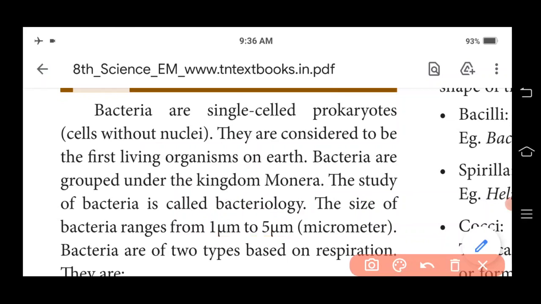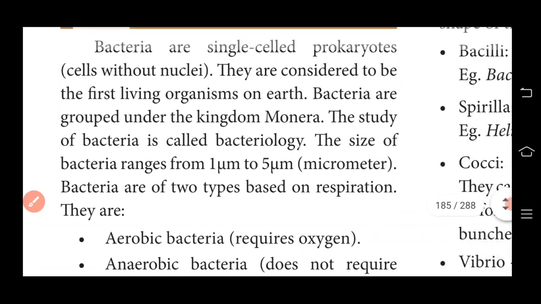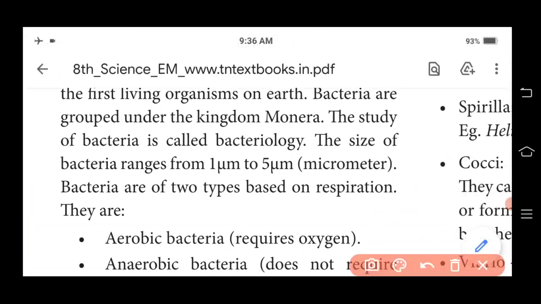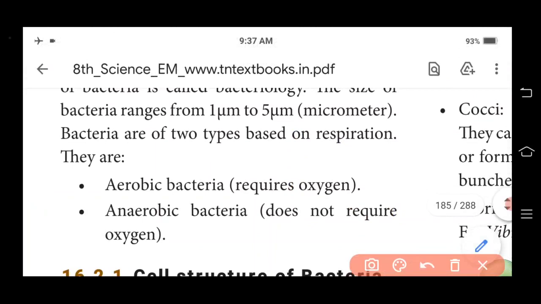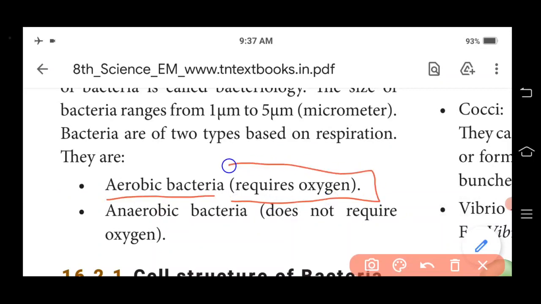And then the bacteria are of two types. Based on respiration, they are classified into two types. Aerobic bacteria: the bacteria which require oxygen are known as aerobic bacteria.